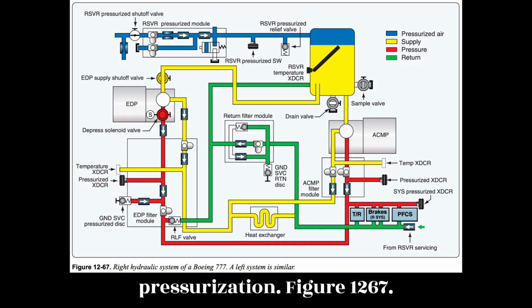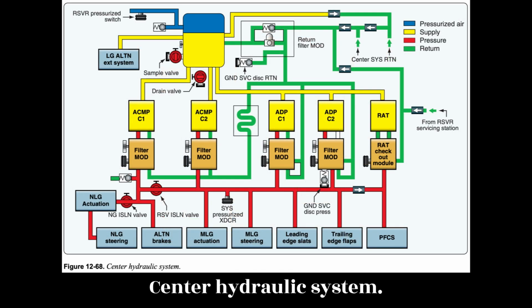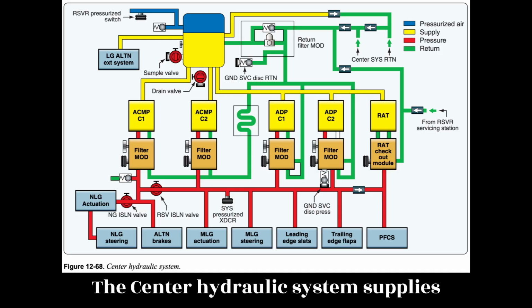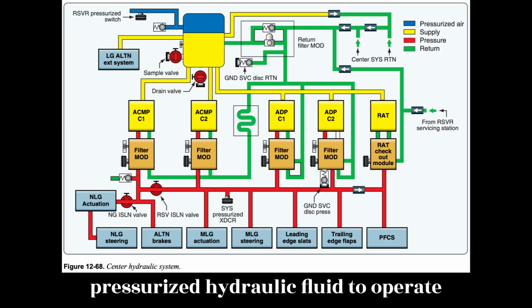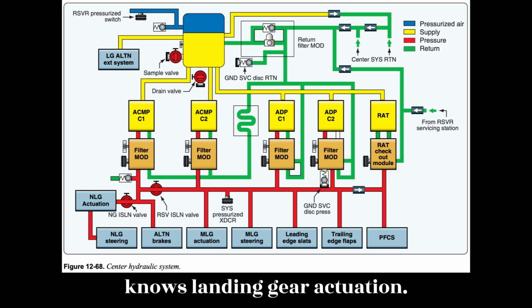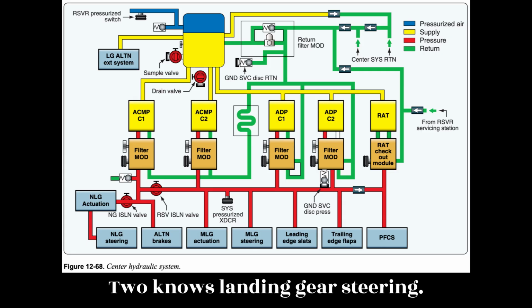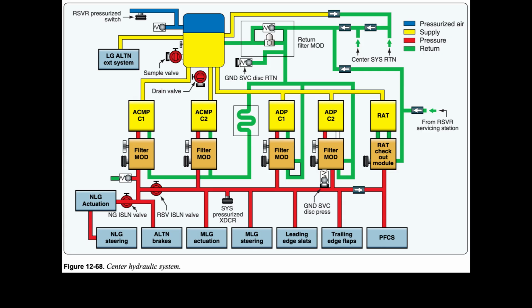Figure 12.67. Center hydraulic system. The center hydraulic system supplies pressurized hydraulic fluid to operate these systems. Figure 12.68. 1. Nose landing gear actuation. 2. Nose landing gear steering. 3.